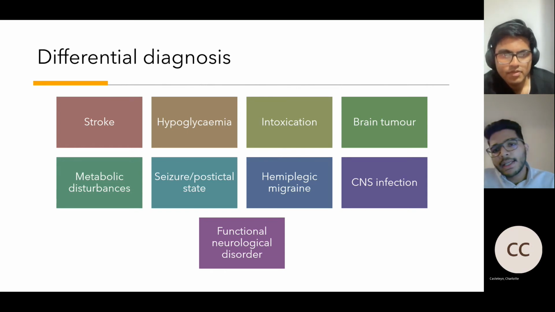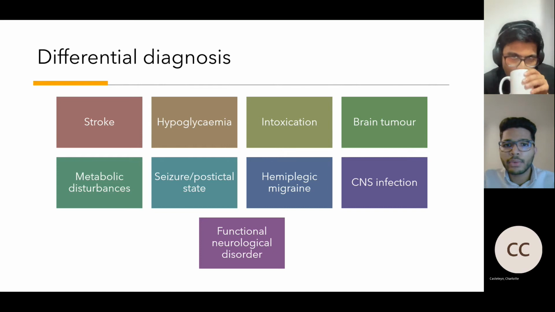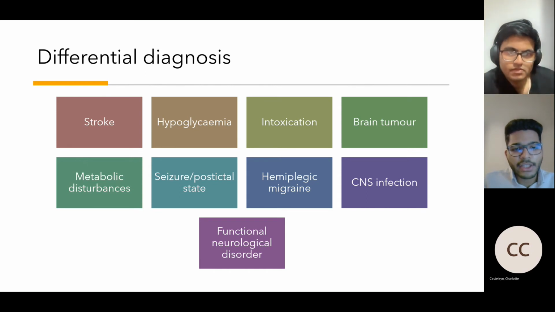So when you're presented with a case like this in your OSCEs or in your writtens, it's worth thinking about all of these different things that could be causing the picture that you see in front of you. So the focus of this presentation is stroke. I'm going to talk to you mainly about stroke, but do have the rest of these things in the back of your mind as we're talking.